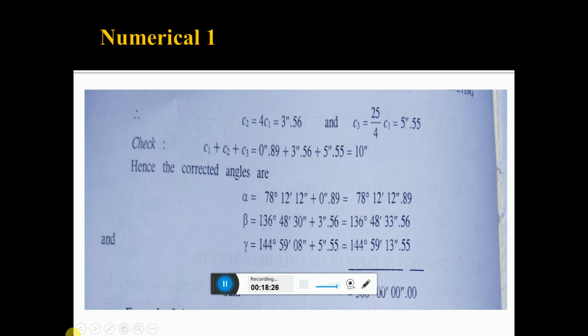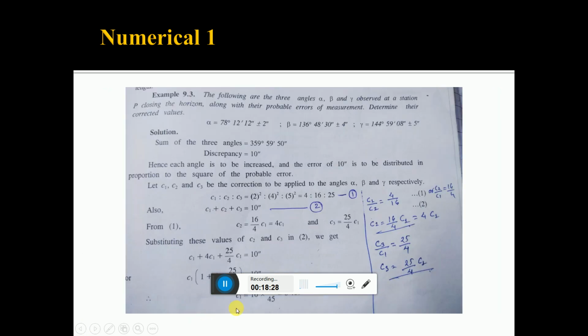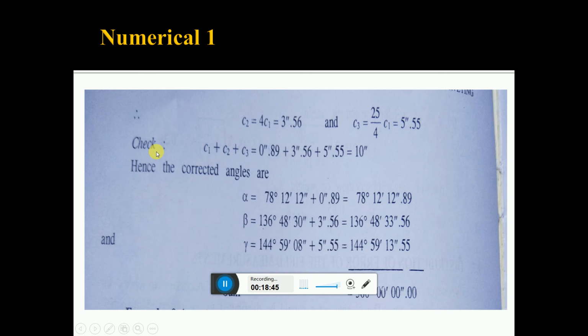Once you get the value of C1, then you can find out the value of C2 and the value of C3 using these equations. Once C1, C2 and C3 are known, then you can exercise the check: C1 plus C2 plus C3 must be equal to the total correction, that is 10 seconds.